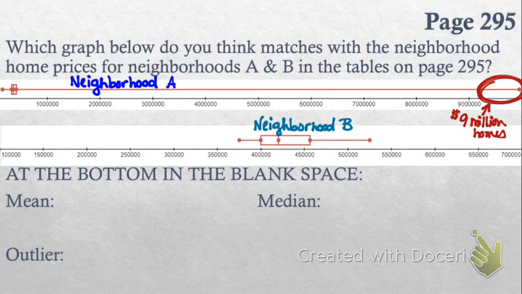How much data fits in between the two sides of that rectangle? 50% of all of the data. So when I'm looking at this right here, this represents half of the homes in neighborhood B. Look how tiny that rectangle is on neighborhood A. It still represents half of all of the home prices.